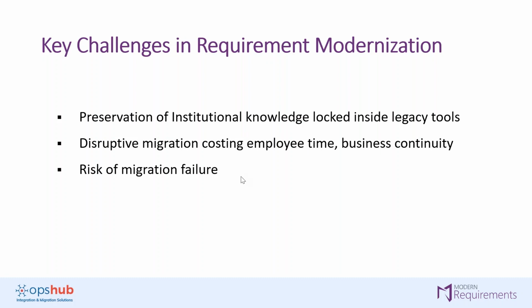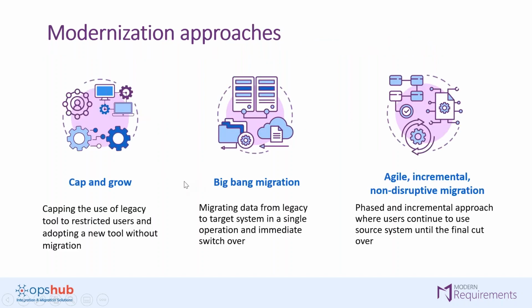Keeping all these challenges in mind, let's see what are some of the common modernization approaches organizations are generally taking, depending on their size and compliance requirements. The first approach is cap and grow.